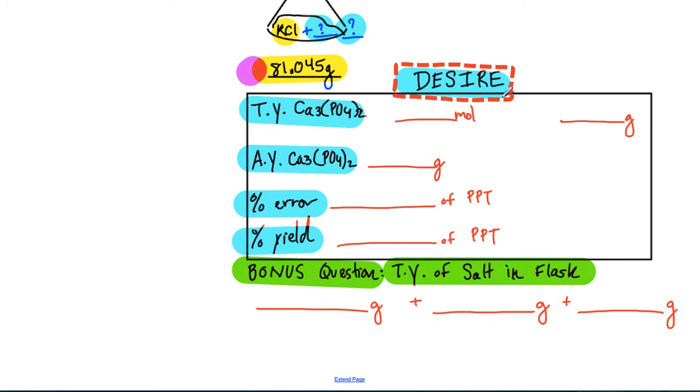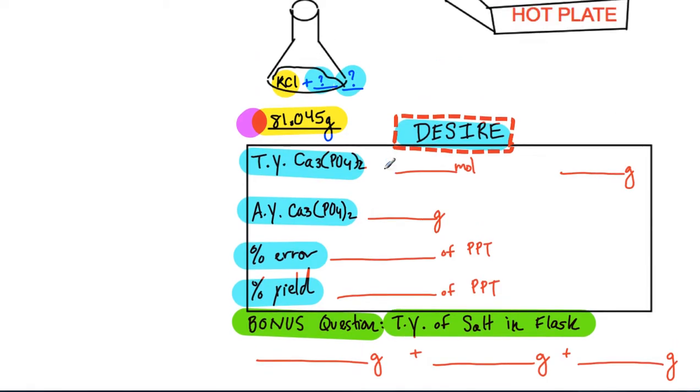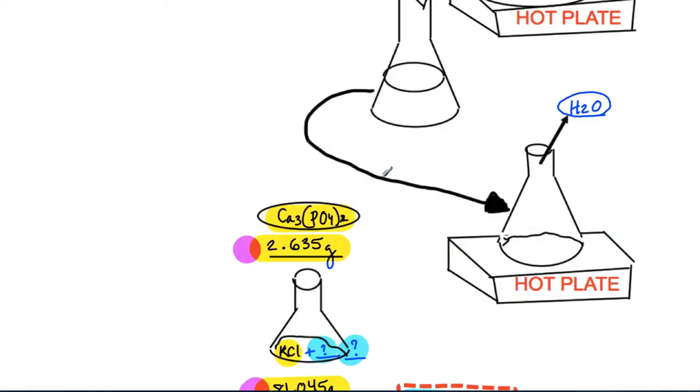Try to solve for all of these desired components of the experiment, and also, if you want to challenge yourself, try to solve for the bonus question. Then you can play the video after you've tried to solve for them. So pause it, and when you come back, I will start to solve it for you.